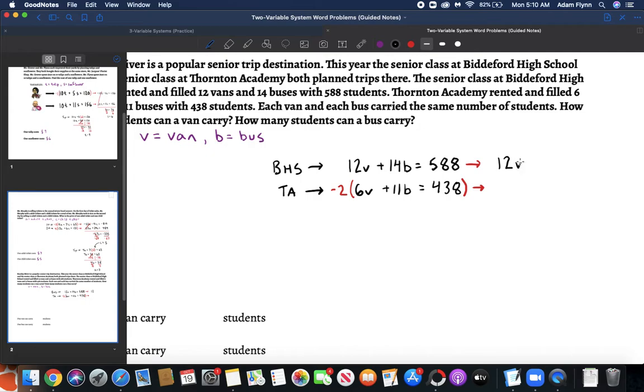So I've got 12v plus 14b equals 588. That's not changing. And down bottom, negative 2 times 6v is going to be negative 12v. Negative 2 times 11b is going to be negative 22b.